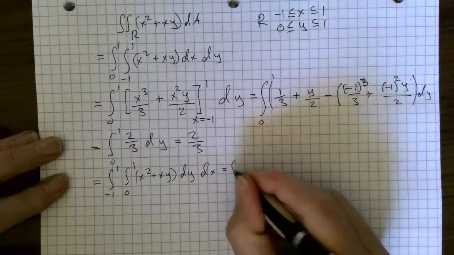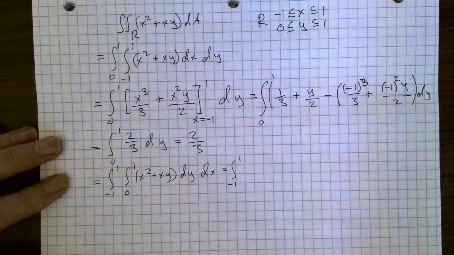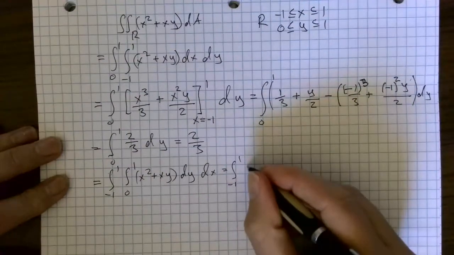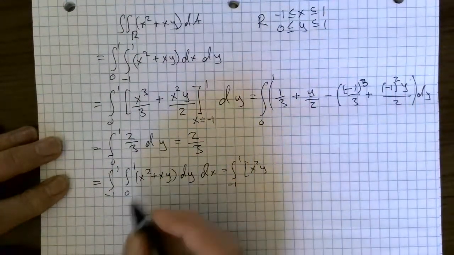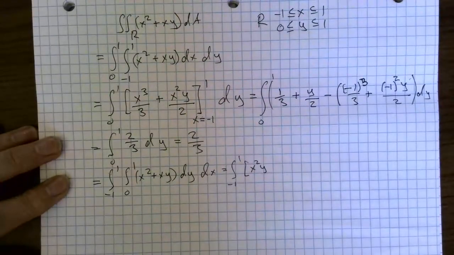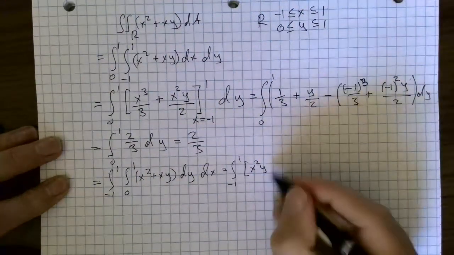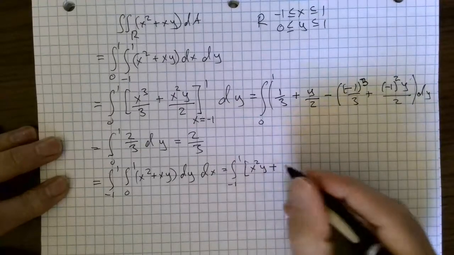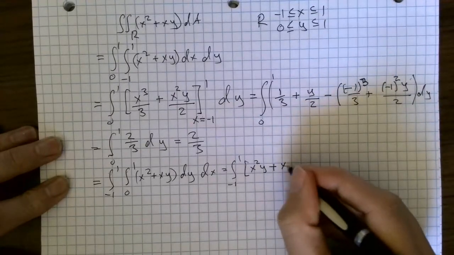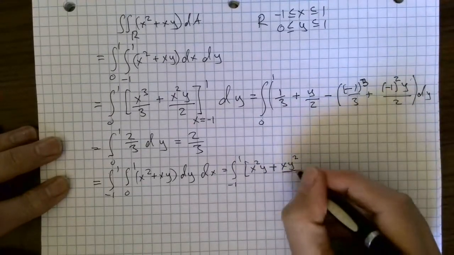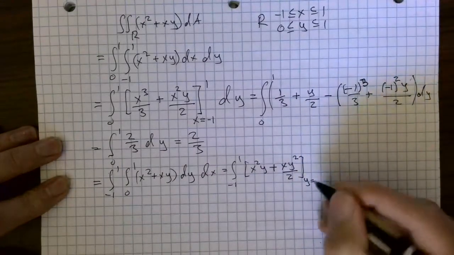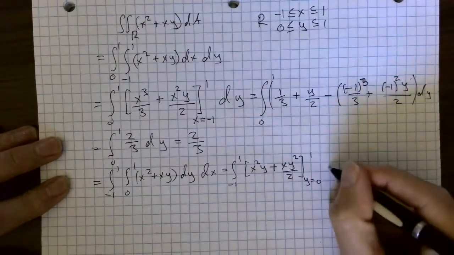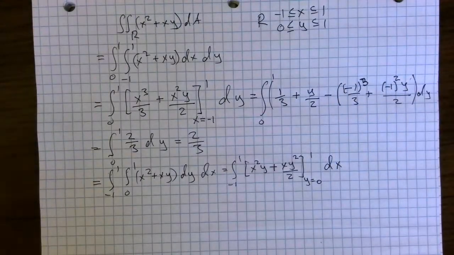Now I integrate, or anti-differentiate, with respect to y. So it's x squared y, the antiderivative of this with respect to y, plus xy squared over 2, and y going from 0 to 1, dx.